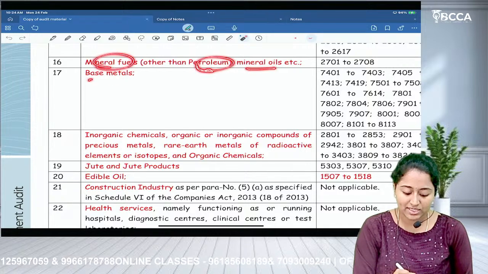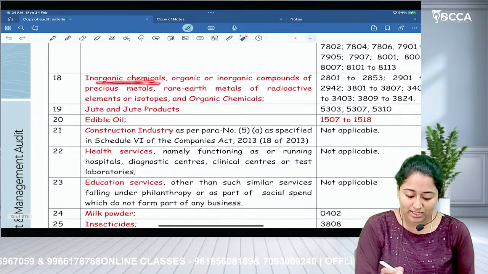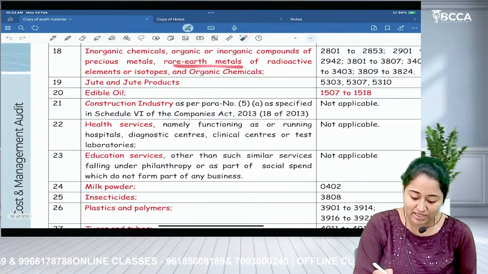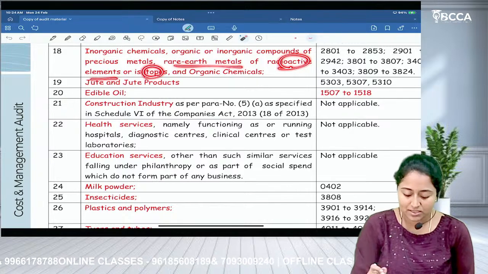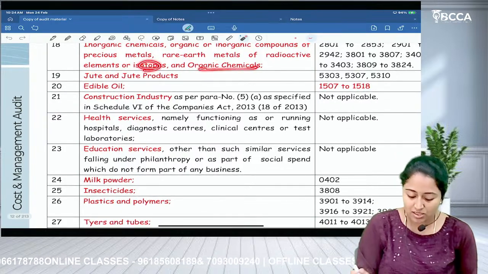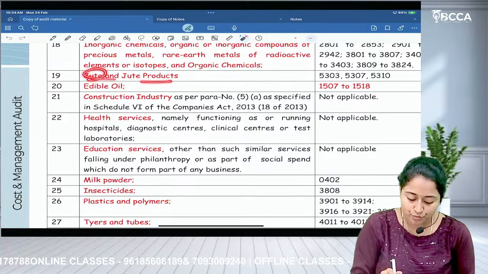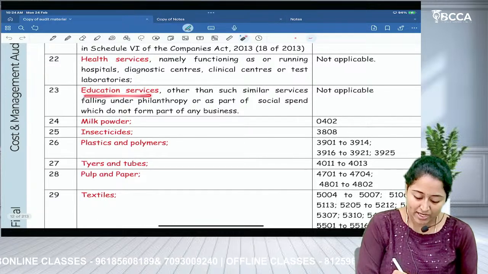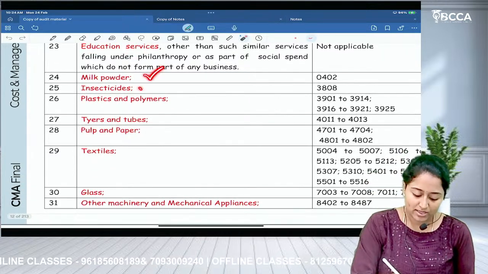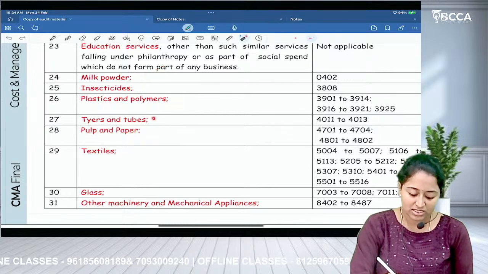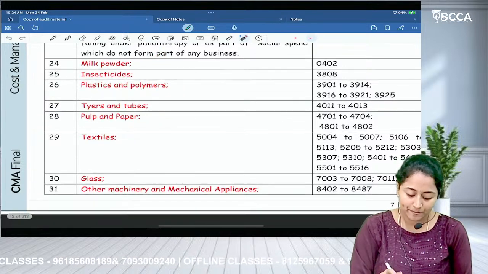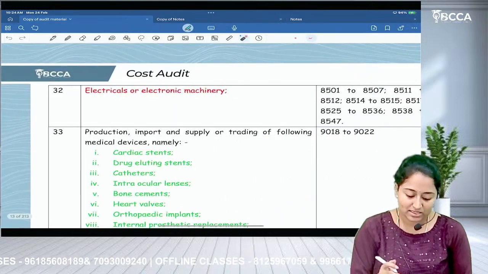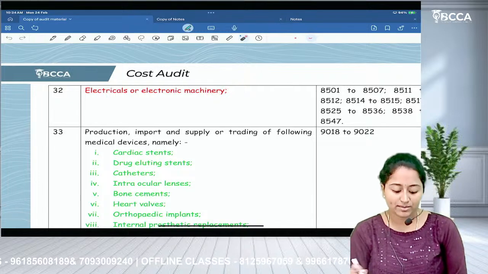Mineral fuels, mineral oils, base metals, inorganic chemicals, organic or inorganic compounds of precious metals, rare earth metals, of radioactive elements or isotopes, and organic chemicals, jute and jute products, edible oil, construction industry, health services, educational services, milk powder, insecticides, plastics and polymers, tires and tubes, pulp and paper, textiles, glass, other machinery and mechanical appliances, electrical or electronic machinery.